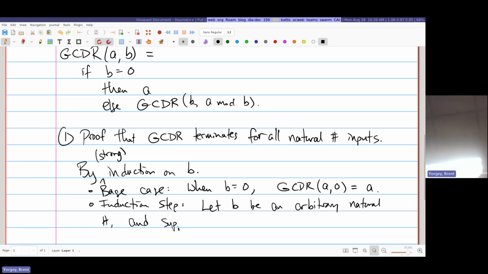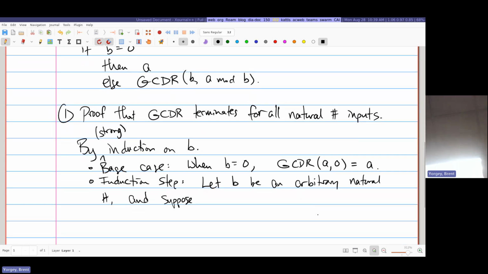And suppose, so what's the thing we're going to suppose for our induction hypothesis? Well, we have this B, and we're going to suppose that for anything smaller than B, GCDR is going to stop. So if you call GCDR on anything with a second argument smaller than B, we're assuming already that it will eventually stop.